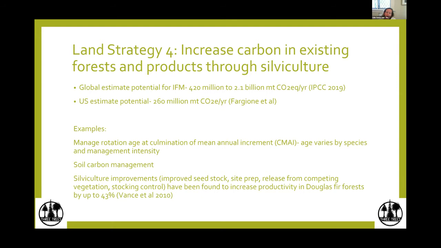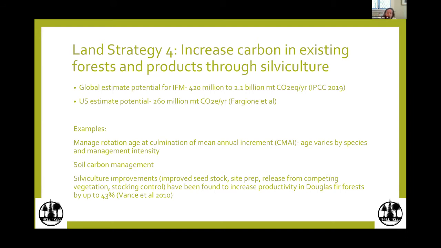And there are opportunities for silvicultural improvements: improving seed stock, improving site preparation, release from competing vegetation. One study has found that these increase productivity in Douglas fir forests by up to 43%. So if you're growing trees faster, you're sequestering more, and you can either leave that in the forest or put more in the wood product piece.